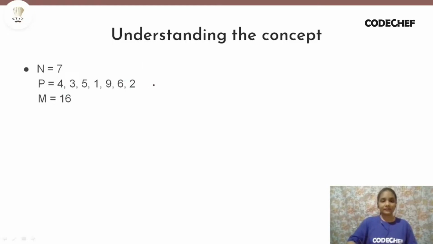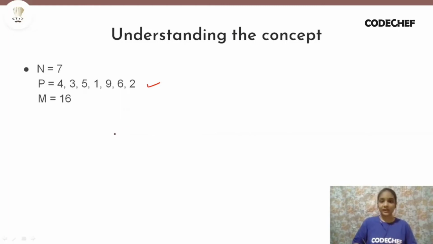And this array P denotes what quantity of meatballs each plate has. So the first plate has 4 meatballs, the second plate has 3 meatballs, the third plate has 5 meatballs, and so on. Now suppose we select each plate one at a time and then add it up.